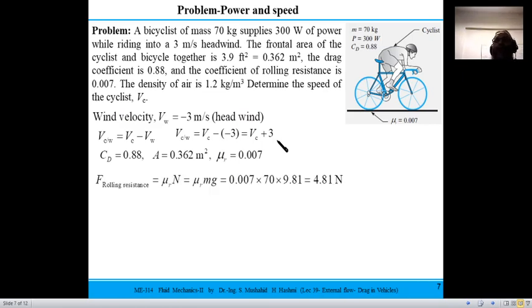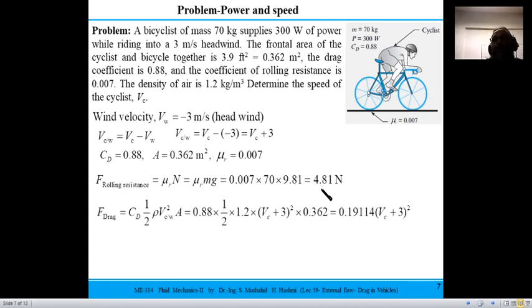So we can easily calculate the rolling resistance, which is the coefficient of rolling resistance times the normal reaction, and the normal reaction would be the weight of the cycle and the cyclist. The weight is mg, the mass is 70 kg, and g is 9.81. So there would be a rolling resistance of 4.81 Newton.